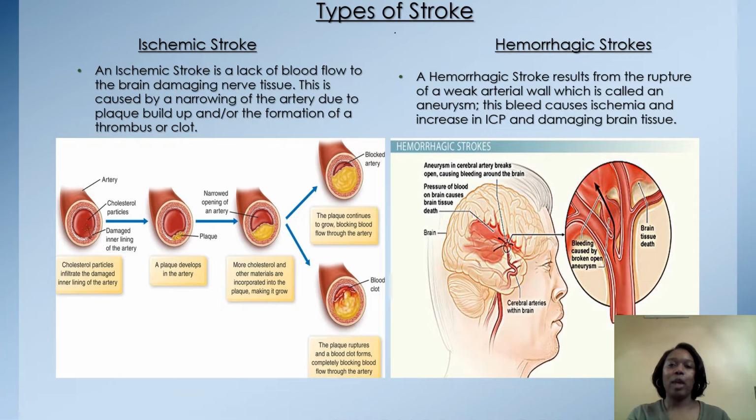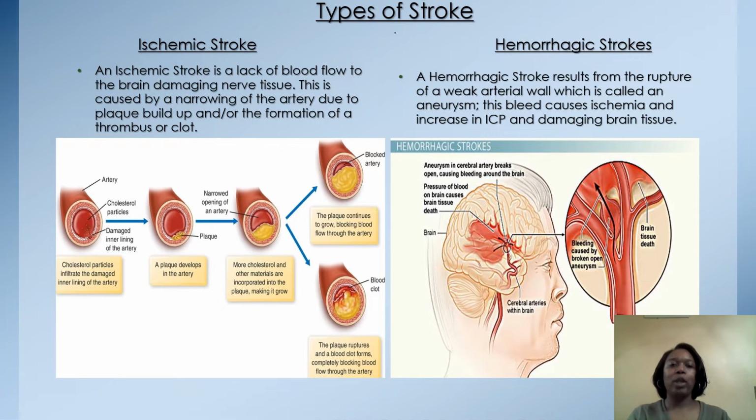Then we also have the hemorrhagic stroke, which results from a weakening of the vessels and a rupture and bleed into the surrounding brain. The blood accumulates and compresses the surrounding brain tissue, causing the brain tissue to die.